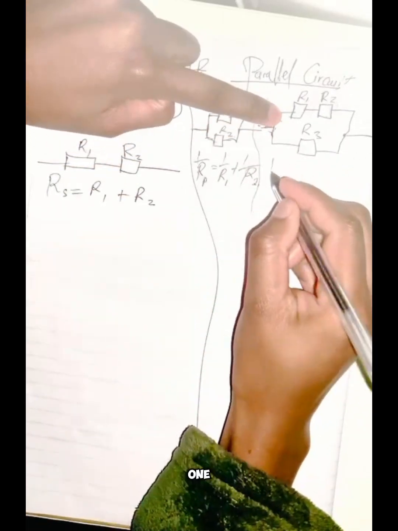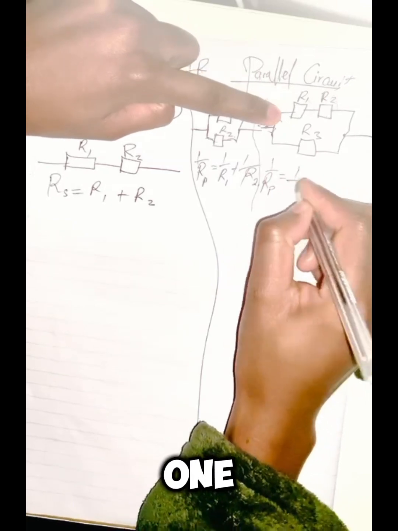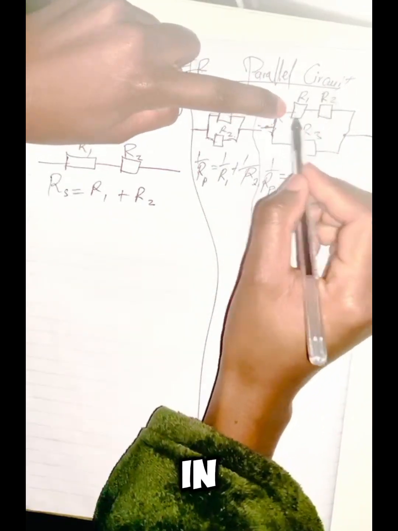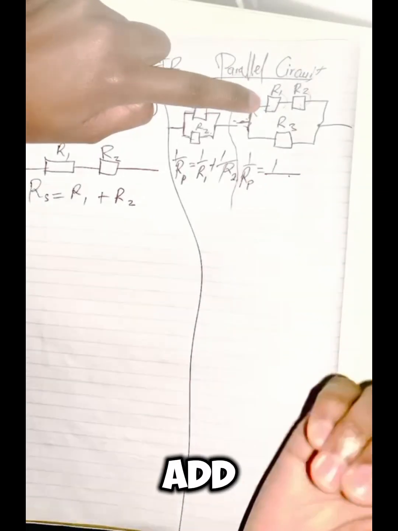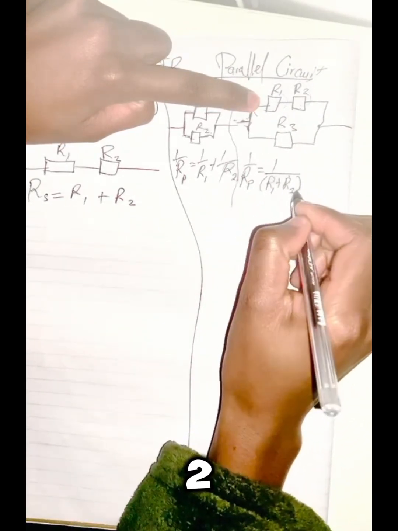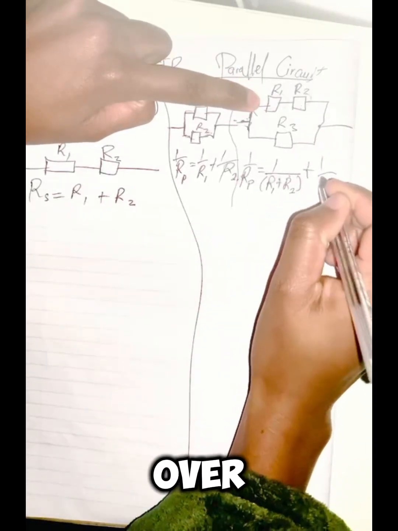So we're going to say 1 over Rp must be equal to 1 over, and then we say that these two are both in series, and when they are in series we add them. So we're going to say R1 plus R2, and then plus 1 over R3.